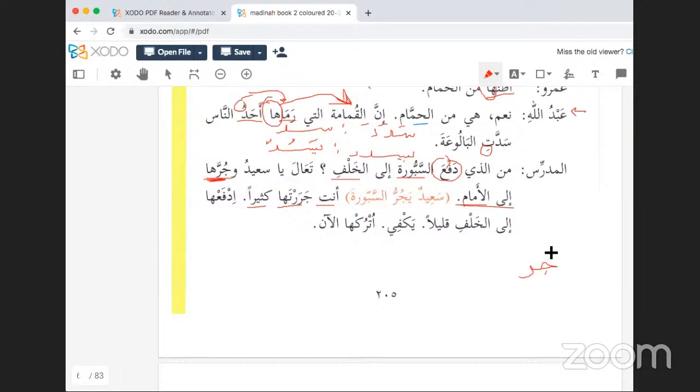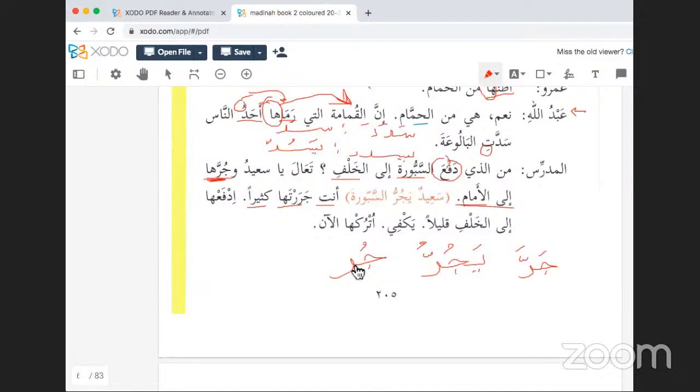So this is interesting. This is jarra, yajurru. And now we want fi'l amr. What do we say about the sukoon on the fi'l amr, which is mudha'af?